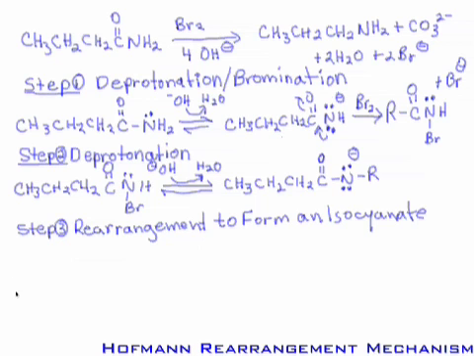So what we have here is our CH3CH2. We have a C double bond O. We have an N, which has 2 lone pairs, and we have a Br.